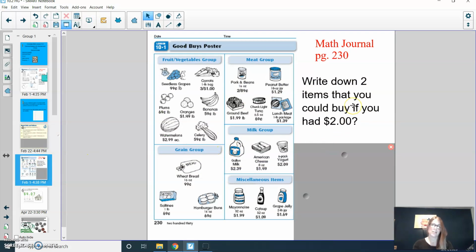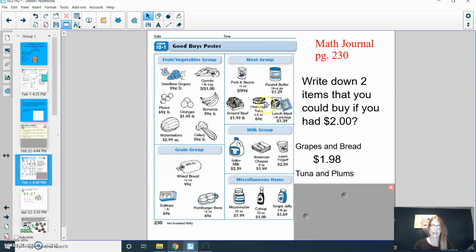For this next page, you can either open your journal to page 230 or you can take a look at my screen. But I want you to write down 2 items that you could buy if you had $2. Please pause the video and then press play to find out what I found. I found that grapes and bread are both 99 cents. Well, 99 cents plus 99 cents gave me $1.98.